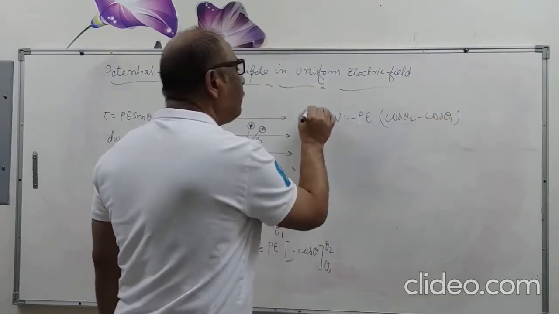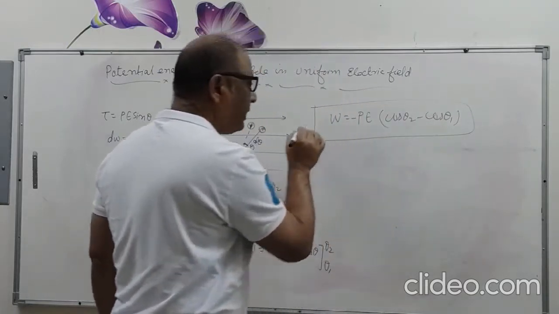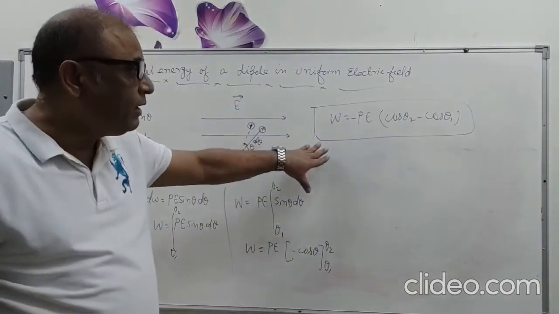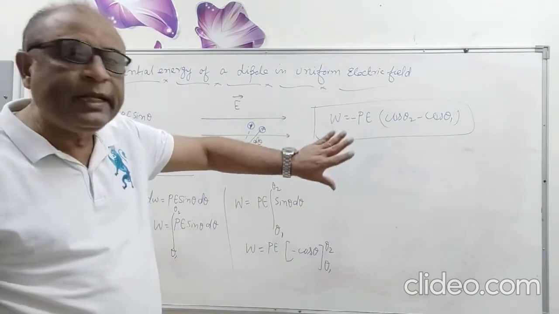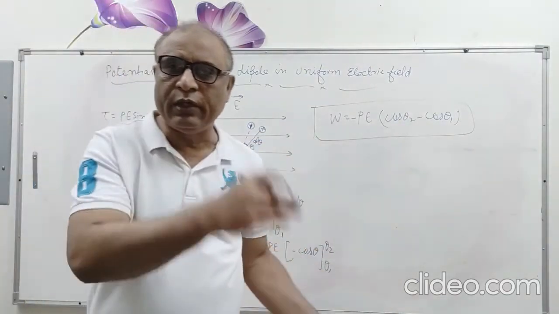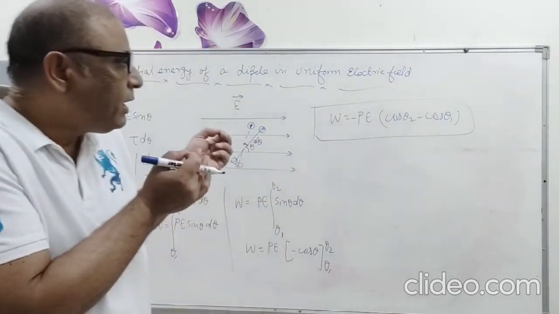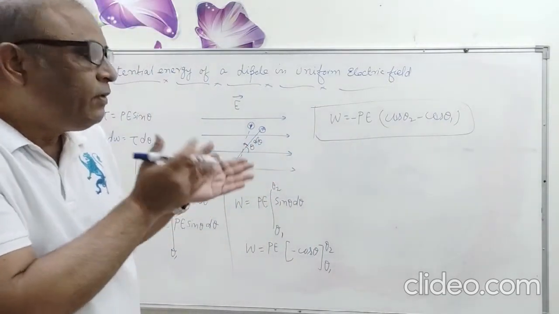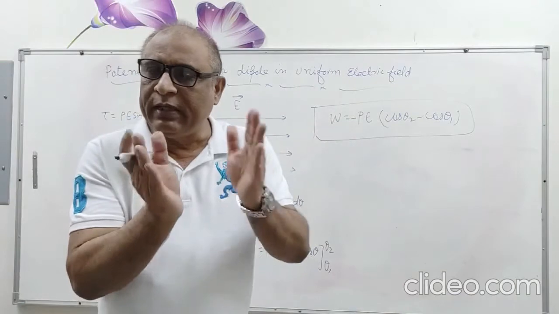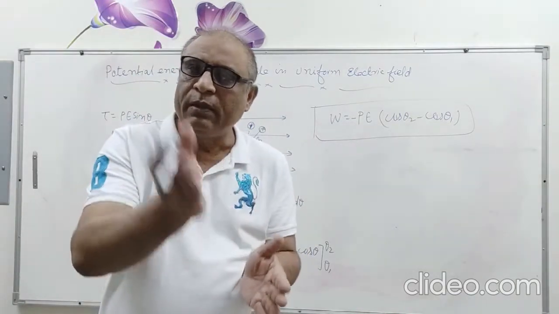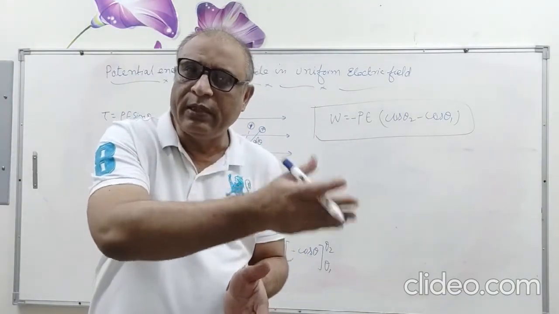This is the formula of the work. You can find the work done when the angle with the electric field changes from theta 1 to theta 2.